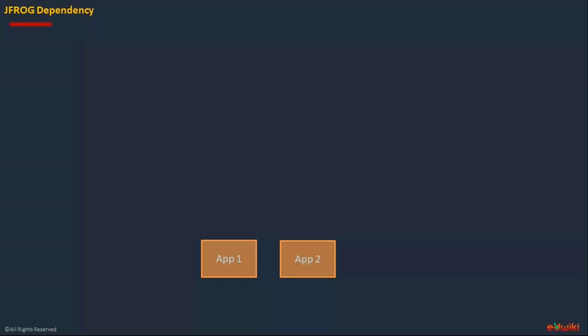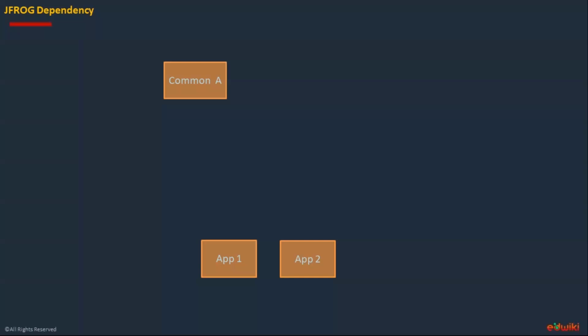Rather than keeping that code duplicated in each and every application, they prefer to develop one more application, which we can call a common framework, or one other application, it doesn't matter. So let's say I have one more application here. Common is the application name that I'm talking about.